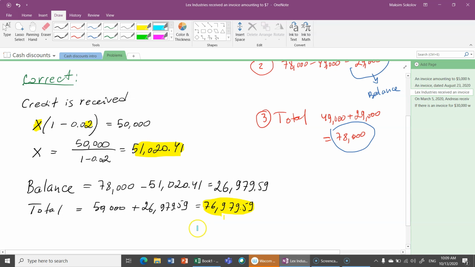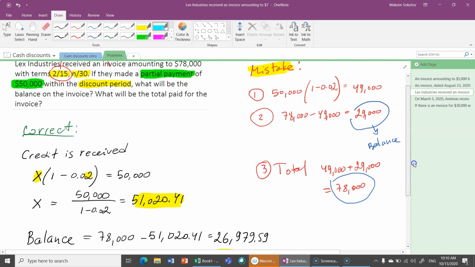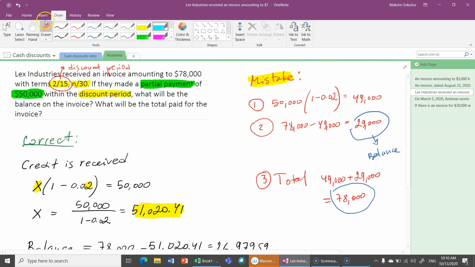So the total is 76,979.59. Just pay attention that this is the mistaken solution. So never solve problems of partial payment with this mistaken solution.